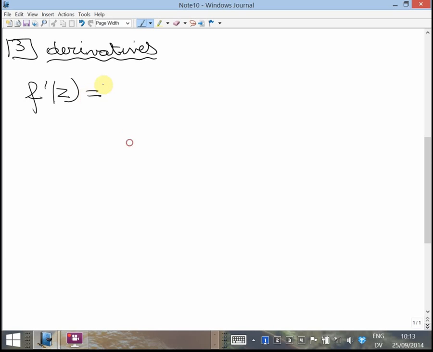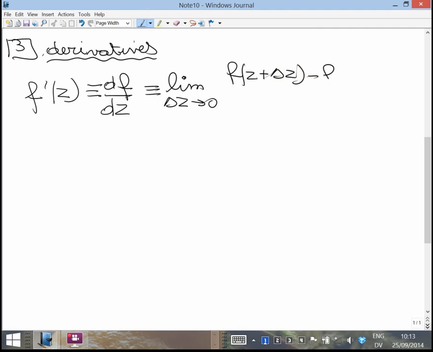So for example, we can define the derivative f prime of z as df over dz, which we could define as a limit of delta z going towards 0 of f of z plus delta z minus f of z divided by z plus delta z minus z, or just delta z if you want.